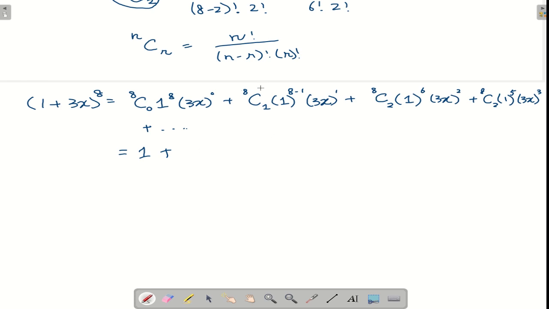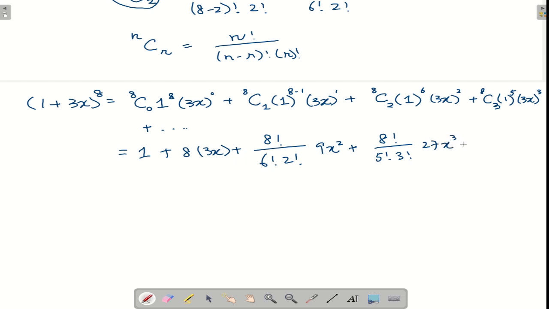Then 8C2, and 1 to the power of 6 is 1, (3x) squared is 9x squared. Plus 8C3, which is factorial of 8 over factorial of 5 times factorial of 3, and 1 to the power of 5 is 1, (3x) cubed is 27x cubed, and so on.